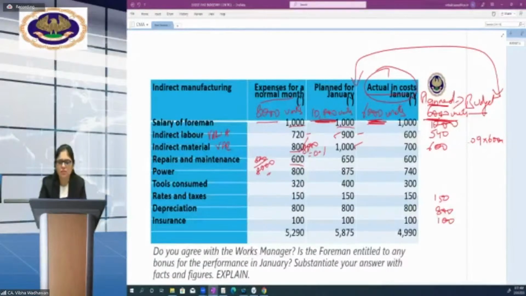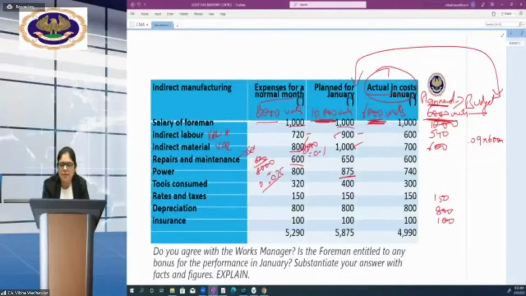So cost divided by units is 0.075. Now let us multiply it by 10,000. It should be 750, but it's coming 875. That means it's not variable. It has to be a semi-variable expense. Repairs and maintenance is a semi-variable expense.